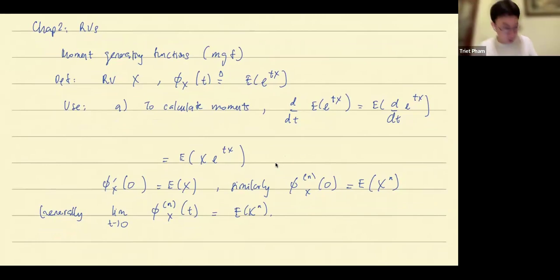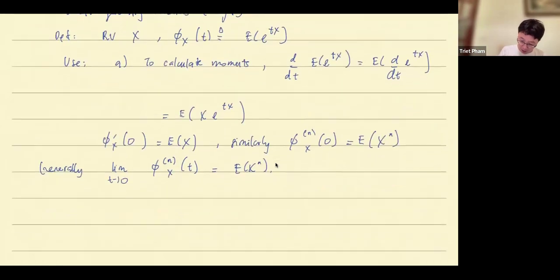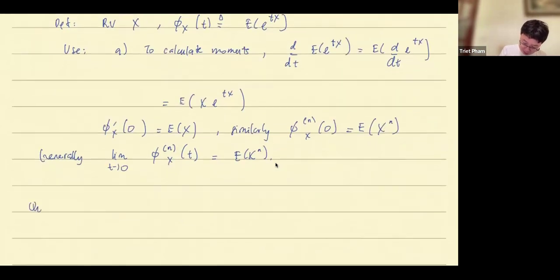So the example is one of your homework problems. I forgot which one, but basically it says, let's consider a uniform 0 to 1 random variable.